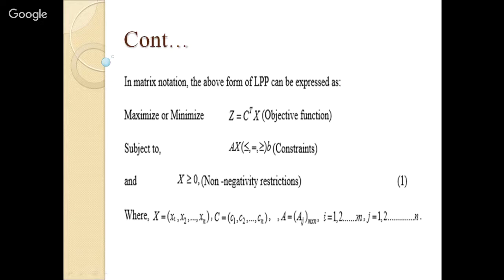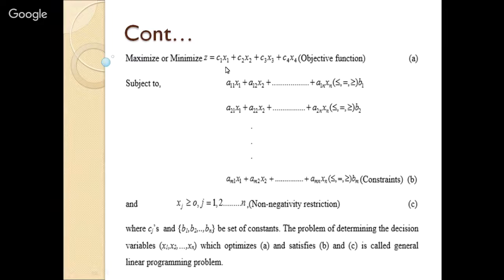For example, this is C1 X1 plus C2 X2. If we take a row matrix C1, C2, C3 up to Cn, multiplied by a column matrix X1, X2, X3, then by the product of those two we get this objective function.